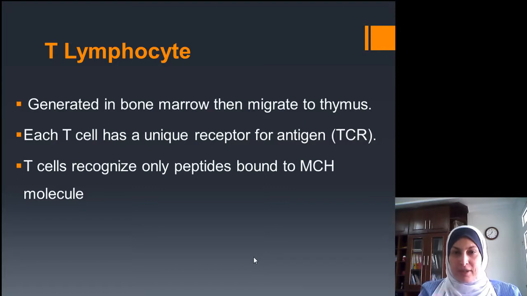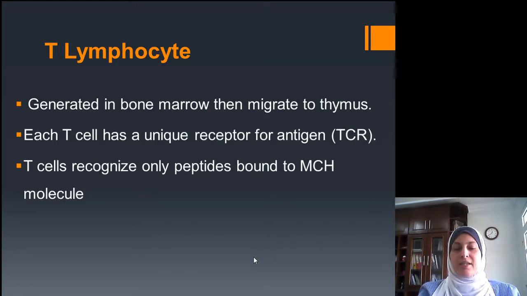The difference between the T cell and the B cell is that the T cell cannot recognize any types of antigens other than peptides. It recognizes only peptides, and these peptides have to be bound to the MHC molecule. This is in contrast to a B cell, which can recognize a free-floating antigen.